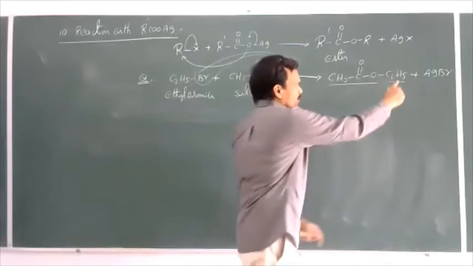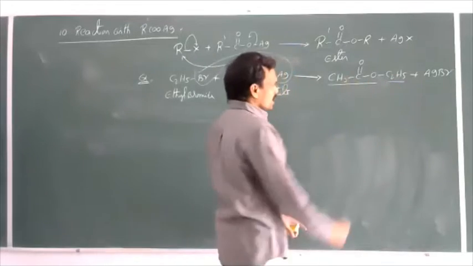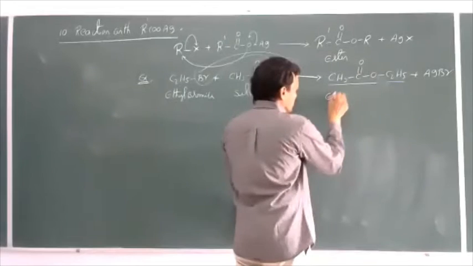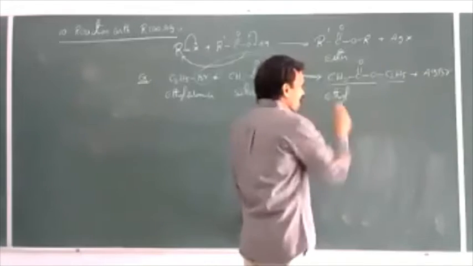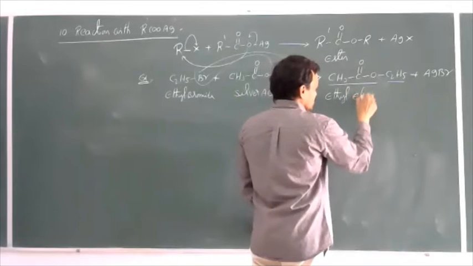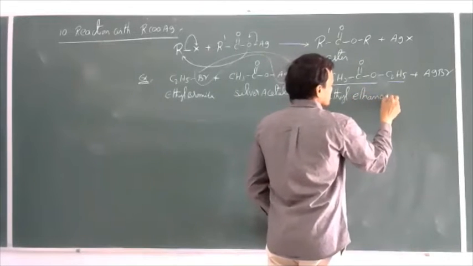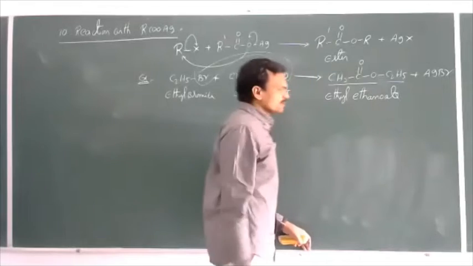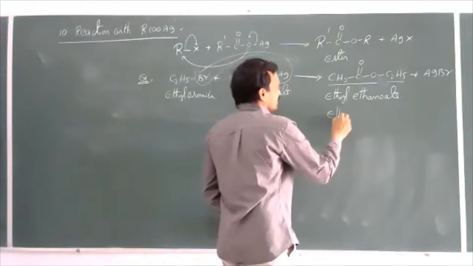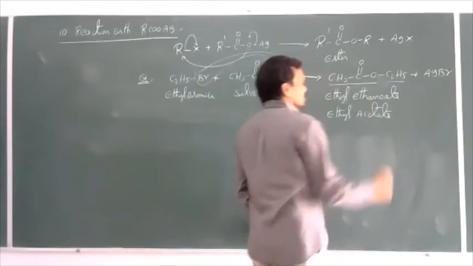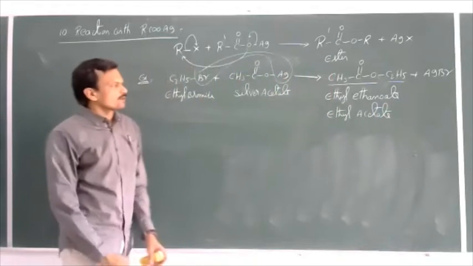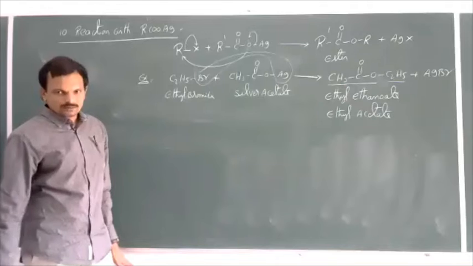This is the alkyl group here. This is alkanoate. Now this alkyl group is nothing but ethyl group. This is nothing but acetate or ethanoate. Ethyl ethanoate. This is the IUPAC name, and the common name is ethyl acetate. Ethyl acetate is the common name, whereas ethyl ethanoate is the IUPAC name.